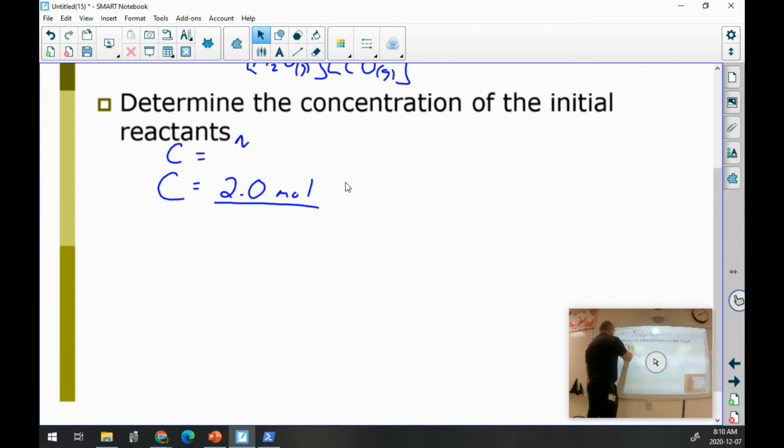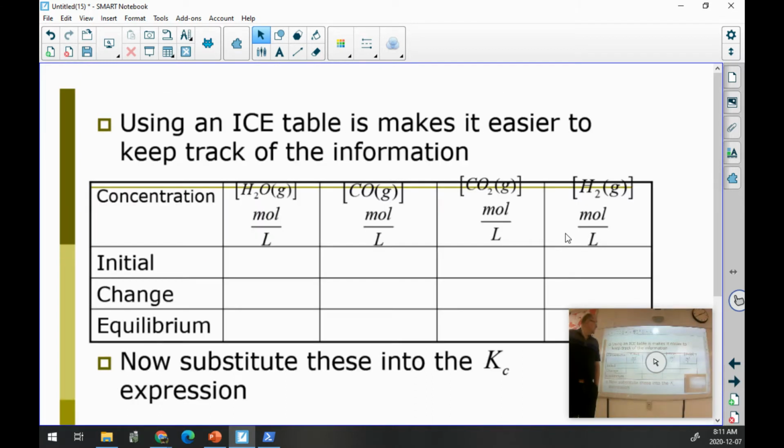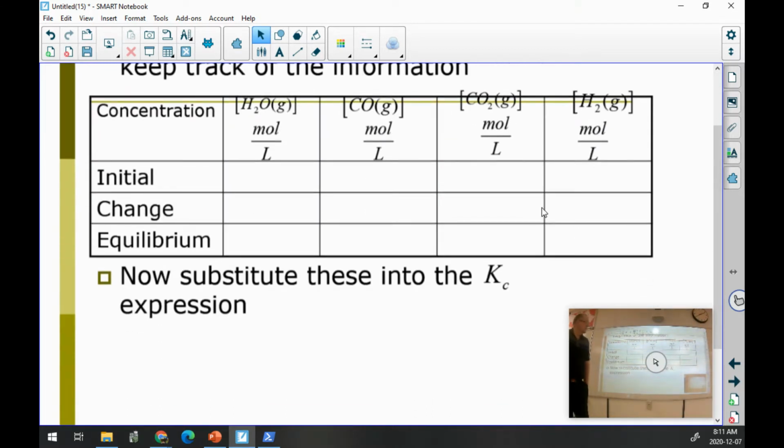Concentration is equal to n over V. And with a half liter container, we have a 4 mole per liter concentration of our initial reactants. So once we're here, now we can start to plug into our RICE table.